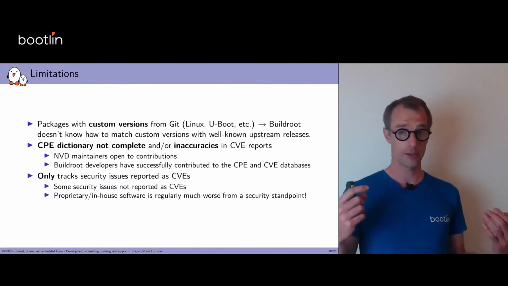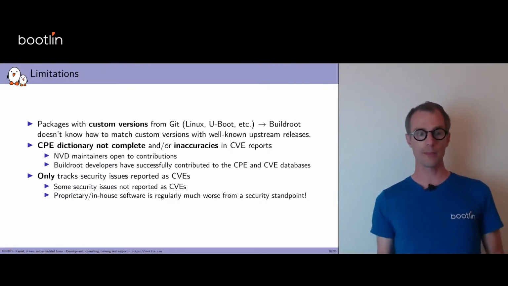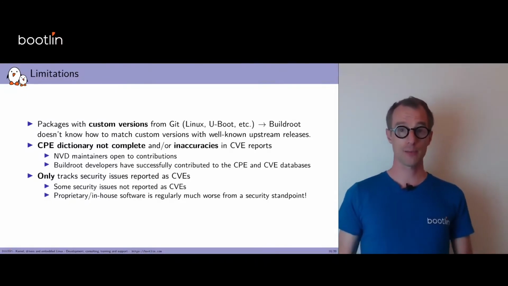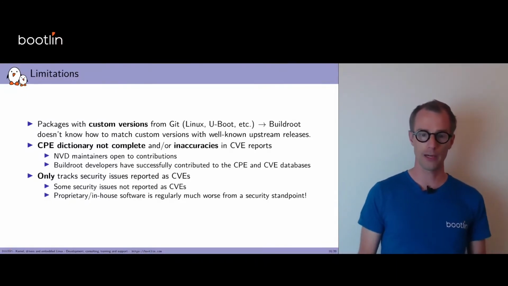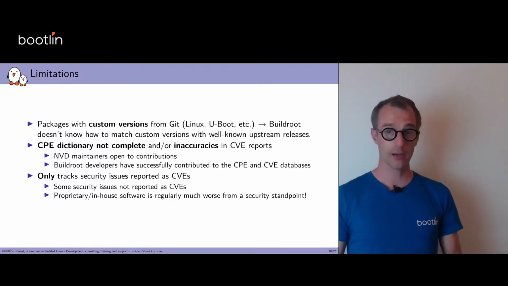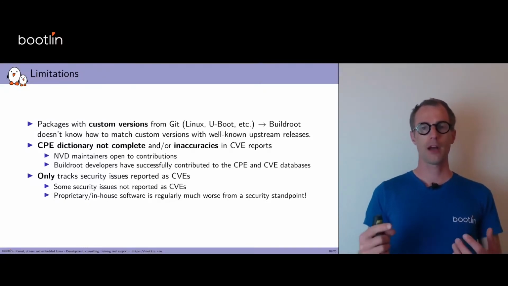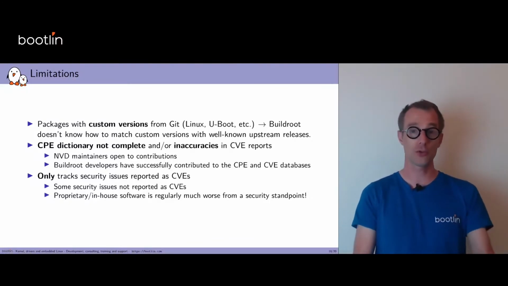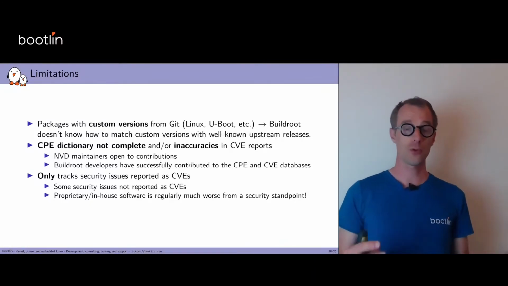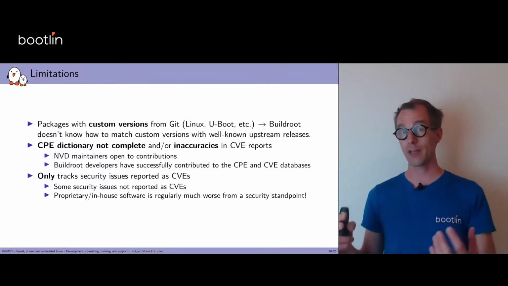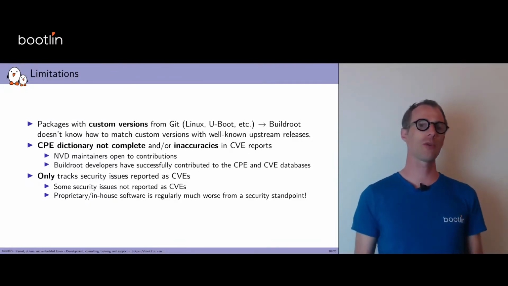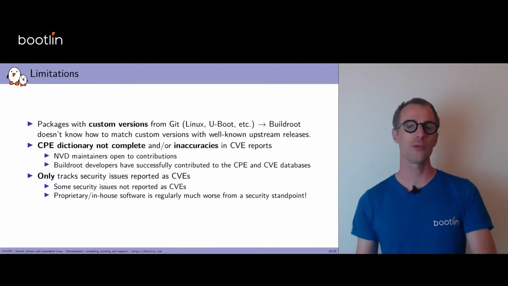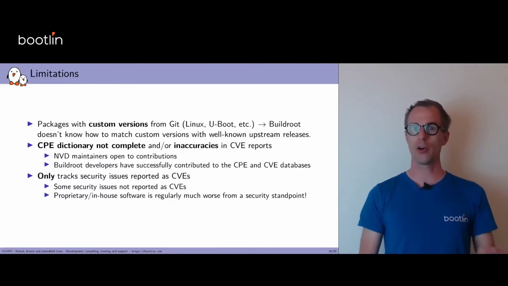Nevertheless, that tooling is great, but it does have a few limitations. First, the packages where custom versions can be specified will not be handled really well. There are only a few packages of that nature in Buildroot, and those are mostly hardware-related packages like Linux, U-Boot, Barebox, ARM trusted firmware, for example. Because for those packages that are typically tightly coupled with the hardware, it is very common for users to use non-official versions because you have a fork of the kernel for your specific board or SoC or another reason.